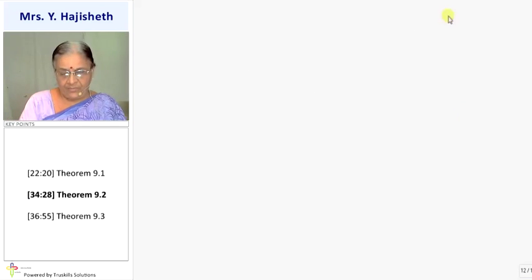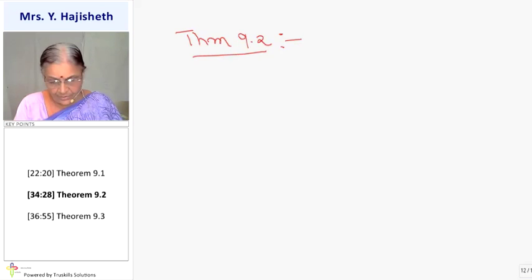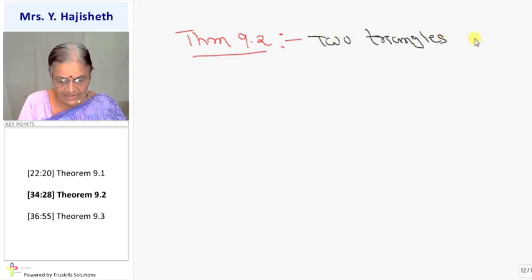Now theorem number 9.2. It is based on two triangles on the same base and between the same parallels. They are always equal in area. The theorem says two triangles, and I can use it for proving any rider.